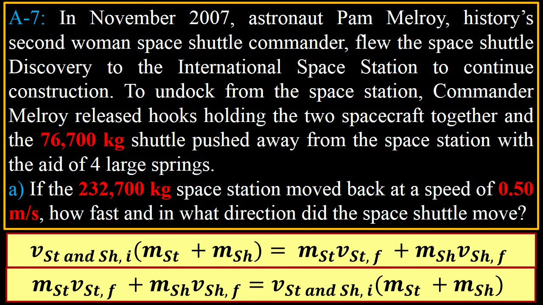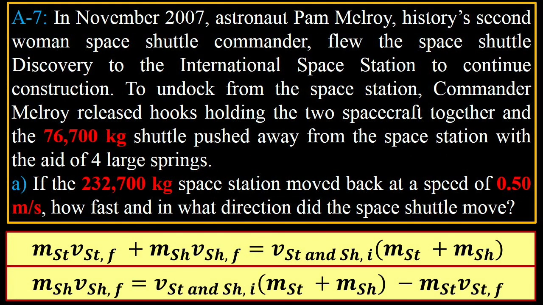So now I'm going to subtract the first term on the left from the right, and then divide through by the mass of the shuttle.